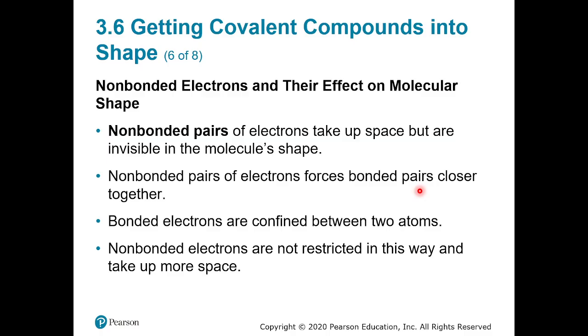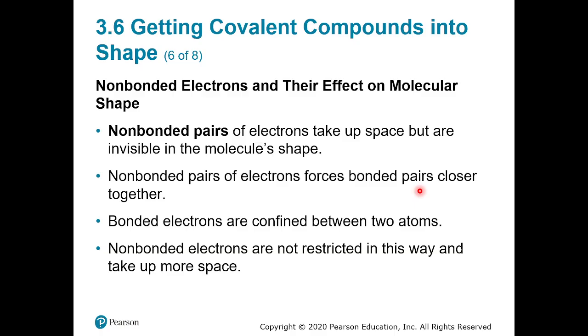Bonded electrons are going to be confined between 2 atoms, and that's what makes bonding pairs and non-bonding pairs a little different. When you're talking about a bonding pair, it has another nucleus on the other side of it, and so it's very tightly contained. The sort of easy way to think about this is if you were holding a desk and carrying it out the door, when you're trying to carry it, it swings around, right?